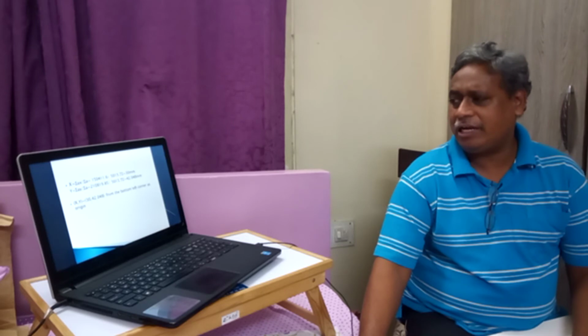These are the values of the centroidal distance, that is 30 and 42. Let us say 42.05 is 42.